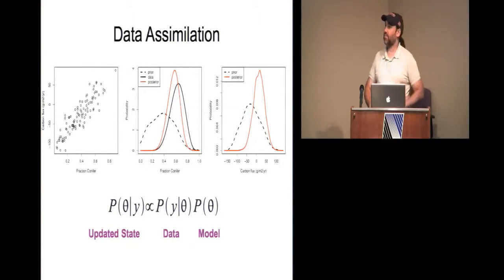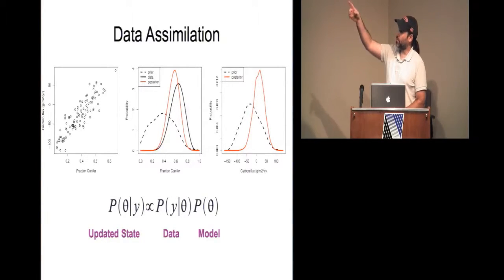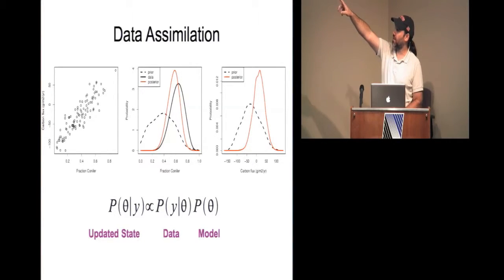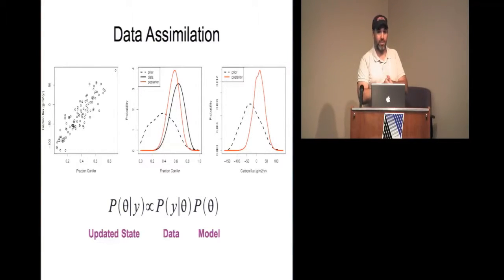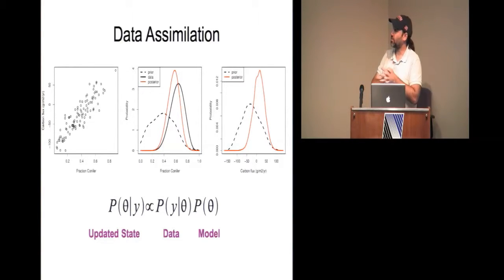In the present, we might have a satellite that tells us what the fraction of the conifer is on the landscape. 1,000, 2,000 years ago, we might have fossil pollen data that tells us what was the fraction conifer on the landscape. And by combining the observation and its uncertainty in black with the model and its uncertainty in the dashed line, what we get is the posterior, which is the synthesis of those two pieces of information.